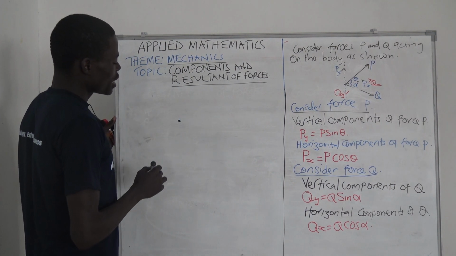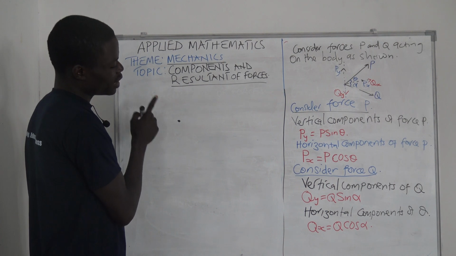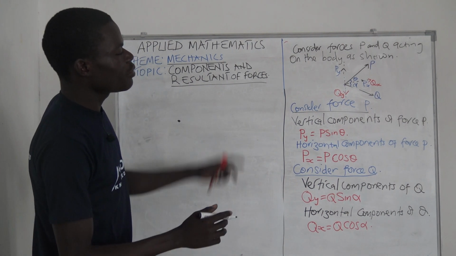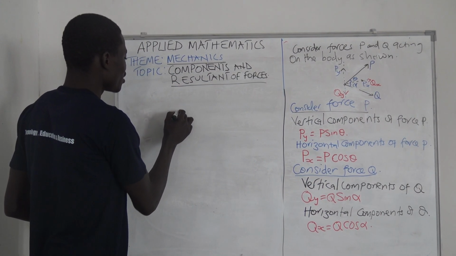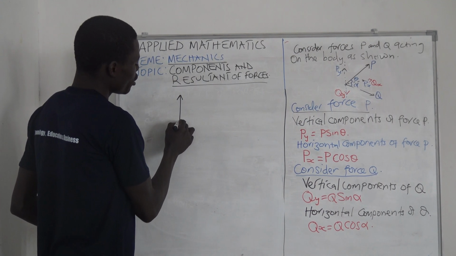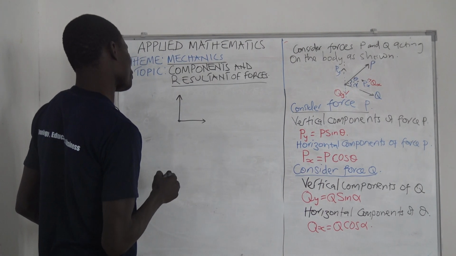These diagrams must be in straight lines. If this is our body or particle, force P has a vertical component acting upwards, which is Py, and a horizontal component Px.